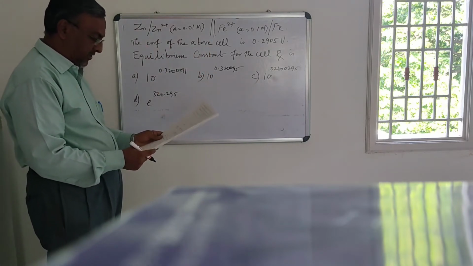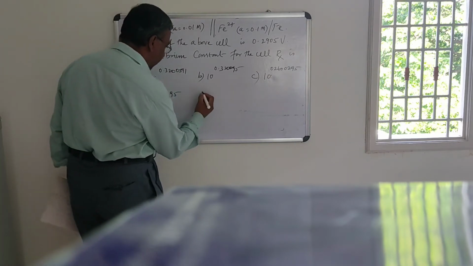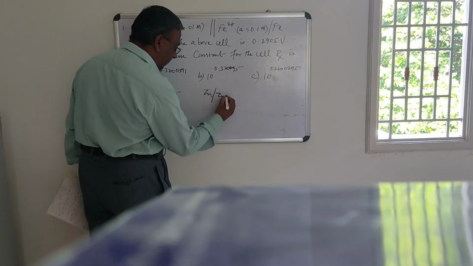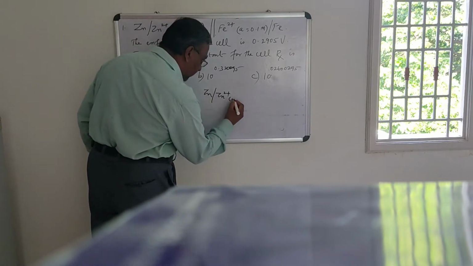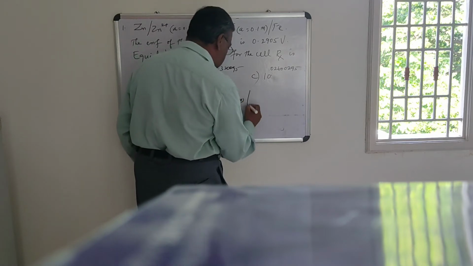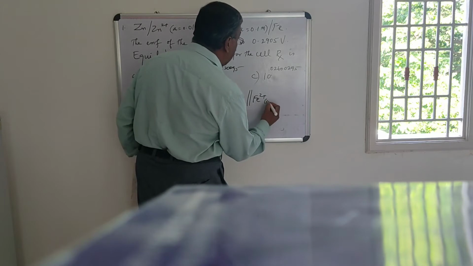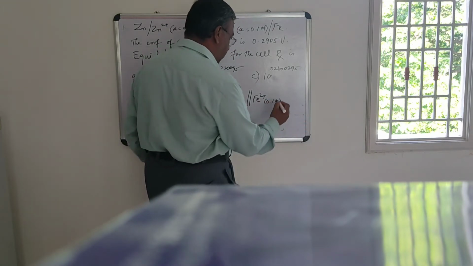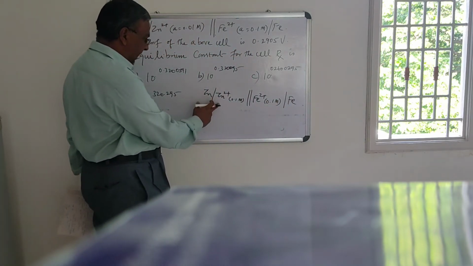How to find out this? First, we have to construct the cell here like this. Zinc is in contact with zinc 2 plus, whose concentration is 0.1 molar, connected to Fe2 plus, whose concentration is 0.1 molar, with iron. Actually, this is oxidation.